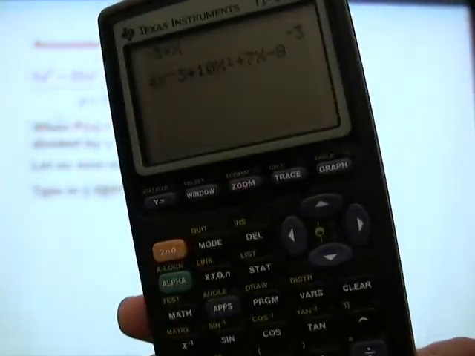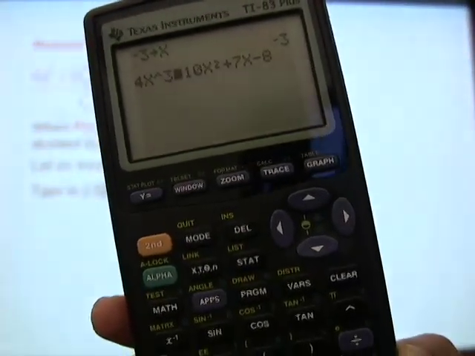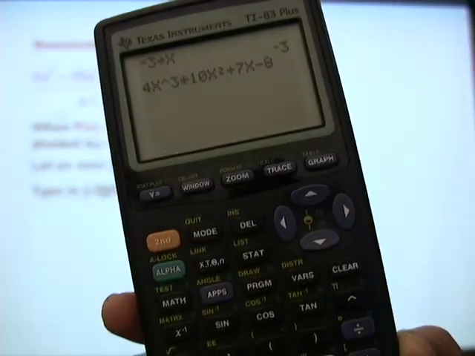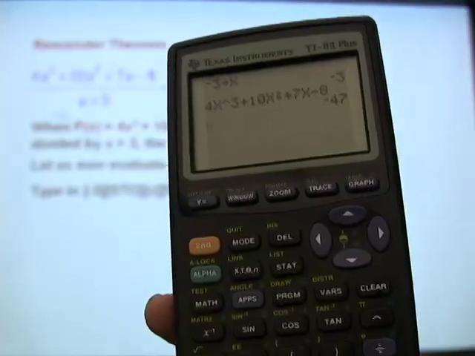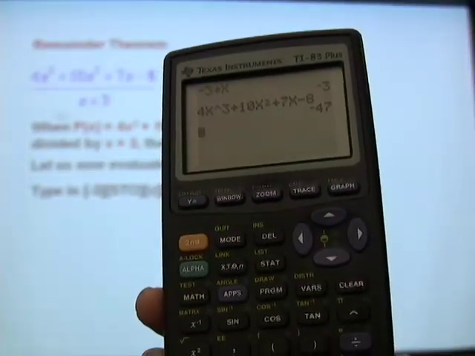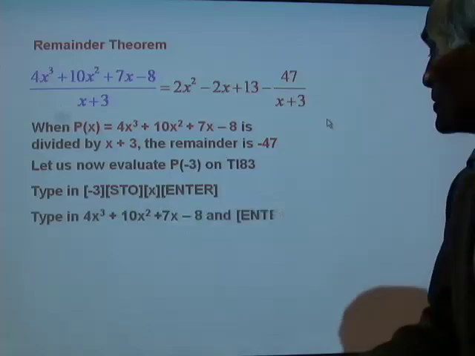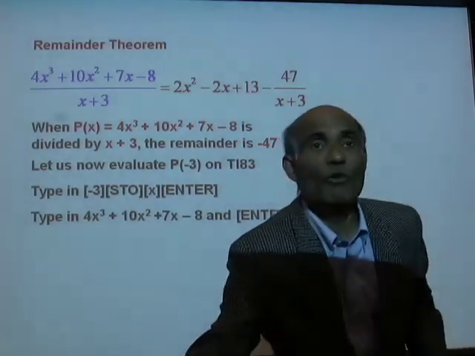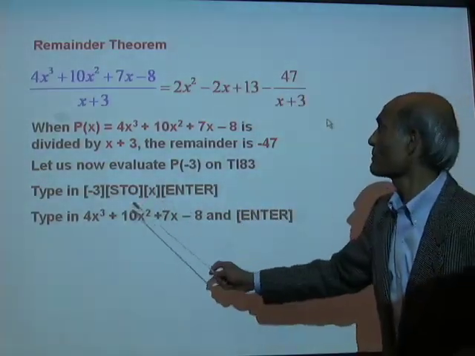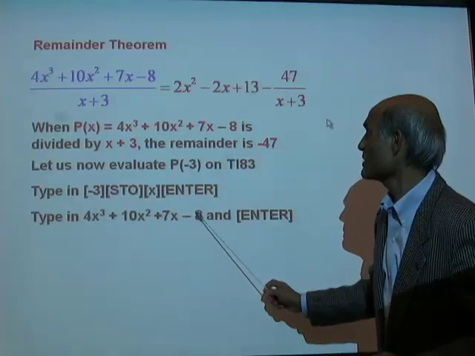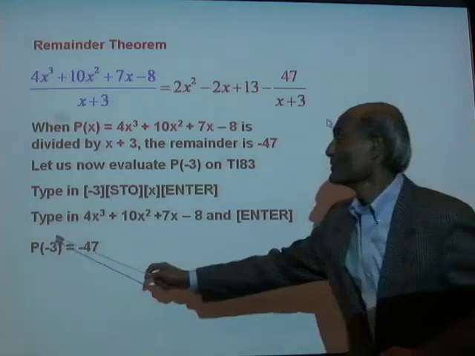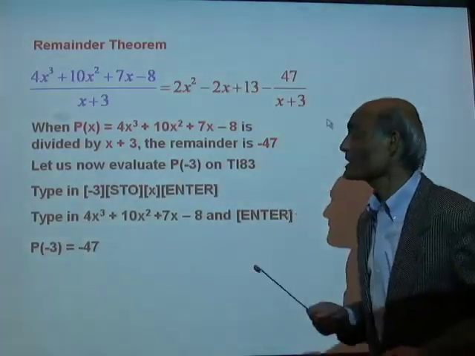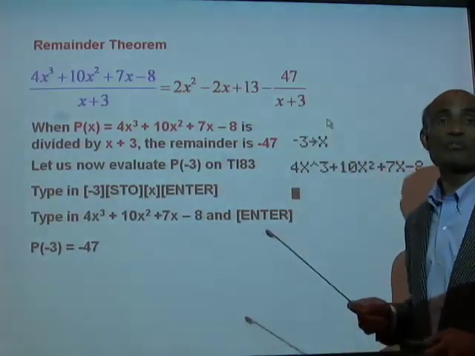So change it to 3. 4x cubed plus 10x squared plus 7x minus 8. Enter. What you get is negative 47. Isn't that interesting? Yes. So type in 4x cubed plus 10x squared plus 7x minus 8 and enter as I showed you, and you get p of negative 3 equal to negative 47.